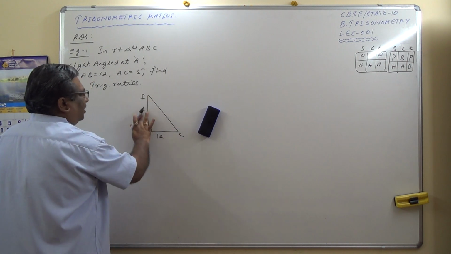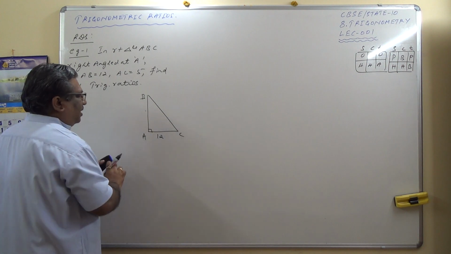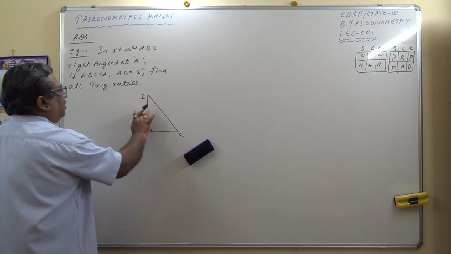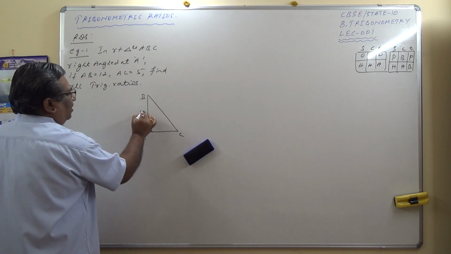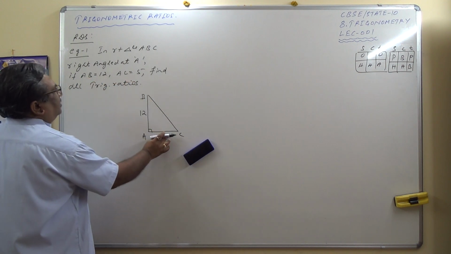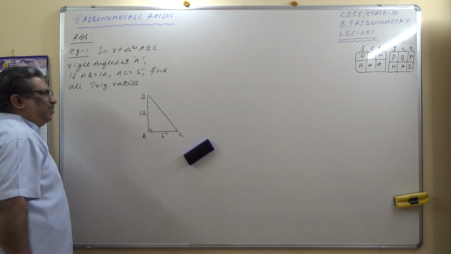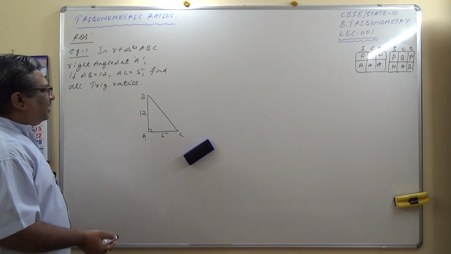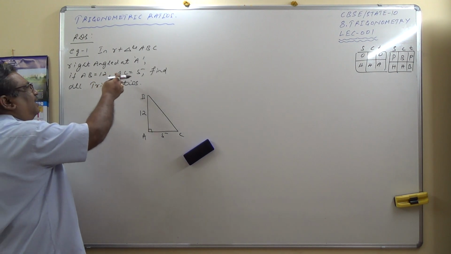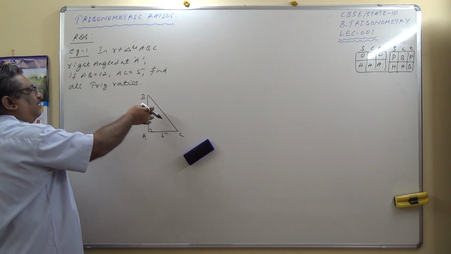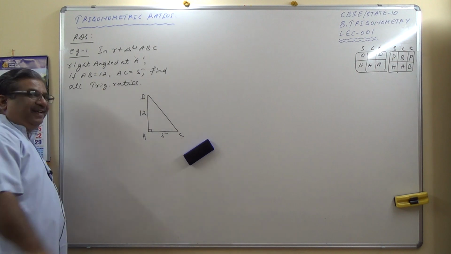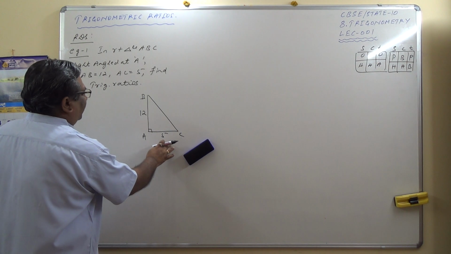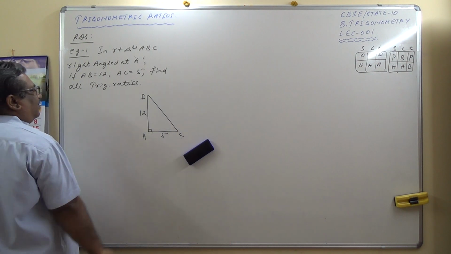Now, correct? So AB is 12, which is the bigger side, and AC is 5. Now it's okay, approximately. It's only a true presentation, not an exact representation, but nearer to the real situation, that's all. AB is 12, AC is 5 units. Find out all trigonometric ratios.